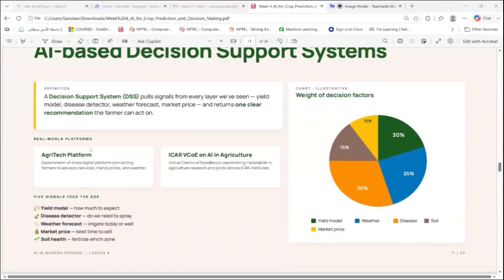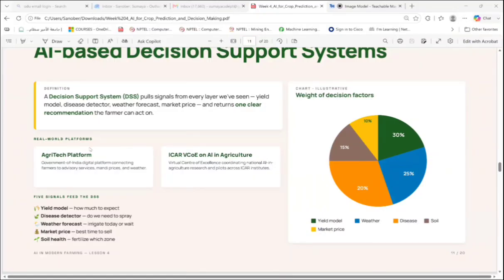Now, we have something called an AI-based decision support system. This decision support system will combine multiple sources of information and produce one understandable recommendation. Now imagine that the farmer is deciding when to irrigate. The soil sensor reports low moisture. If we considered only that signal, the answer would be to irrigate.